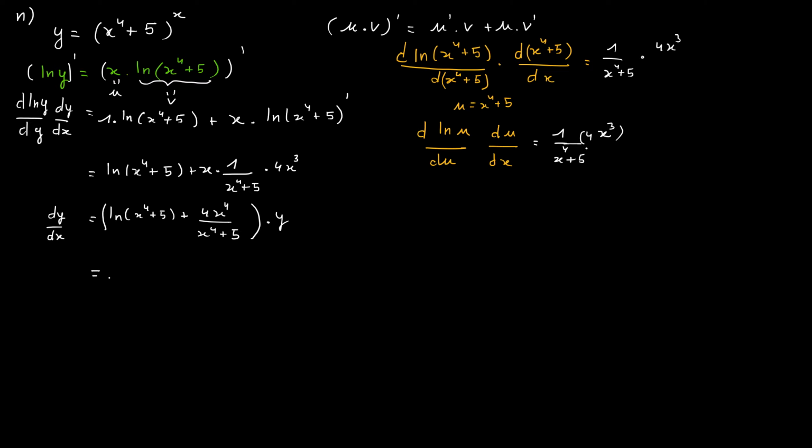And then you say, well, this is equal to ln x to the power of 4 plus 5. Let's start our big brackets over here, close the brackets, 4x to the power of 4, x over x to the power of 4 plus 5, times y, and then we look all the way at the beginning and we find that y is equal to x to the power of 4 plus 5 to the power of x.